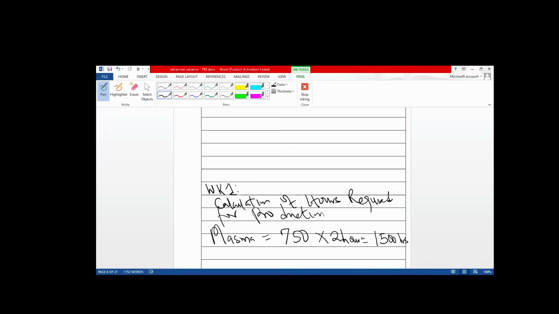That means total hours for plasma, 1,500. For XCD, we produce 650, and to produce one, we require 1.5 hours of labor. Please multiply 650 by 1.5. We require 975. That means total hours required.